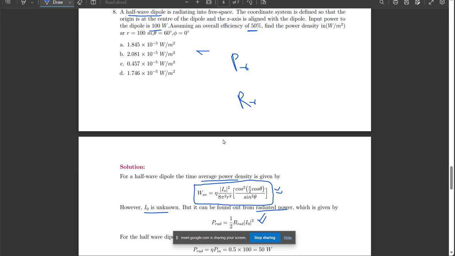So options are given, and the formula is given to you. You know the unknowns and how to find them. Find this WAV, which is power density in terms of W per meter square, and you will be able to find the correct option.